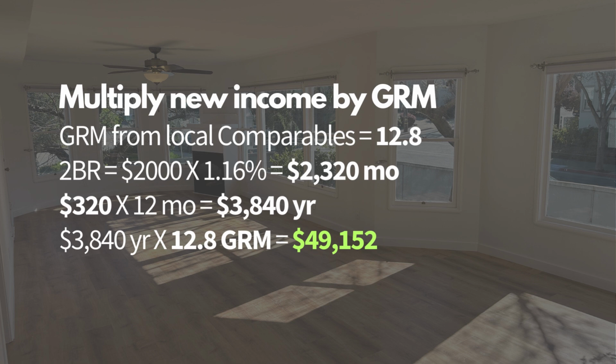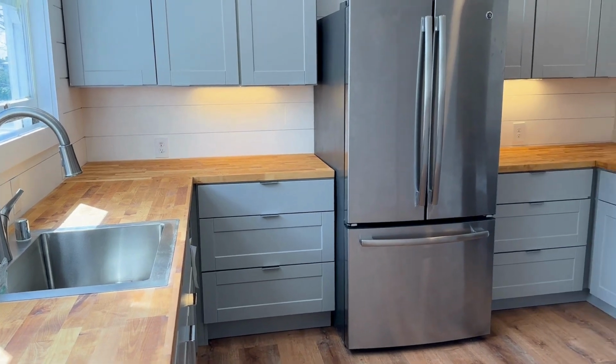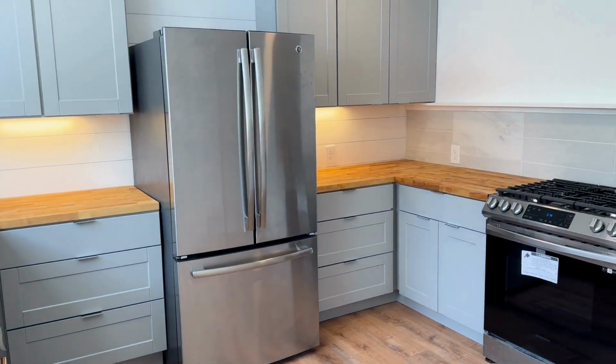So I'm going to take the difference between the old rent and this rent, and that's the cash that I'm collecting. I'll multiply that out by 12 months. That gives me $38.40. And now I multiply that $38.40 by 12.8, which is the comp, and that gives me roughly how much value I've added to this property. And again, I'm using the income method. So that's the GRM.